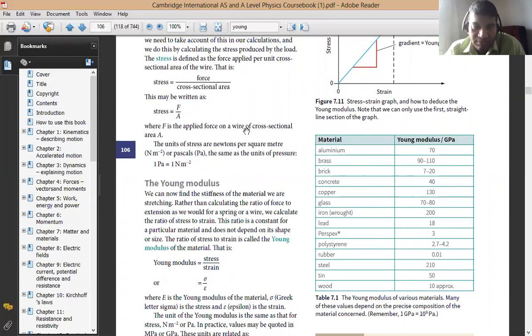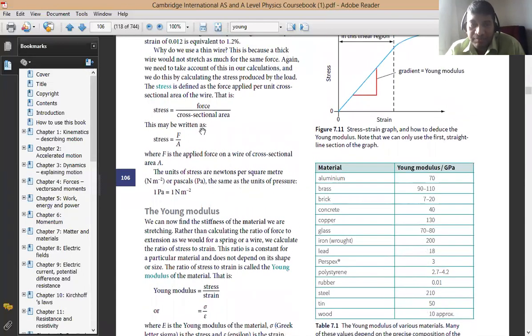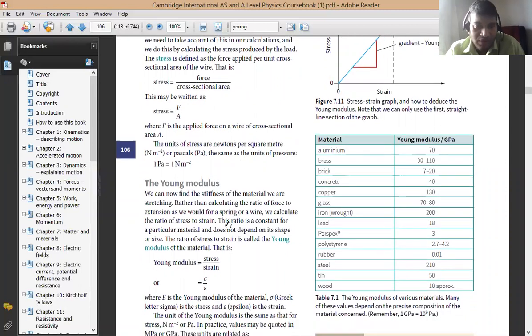Stress is force upon cross-sectional area. Those things you need to know beforehand.